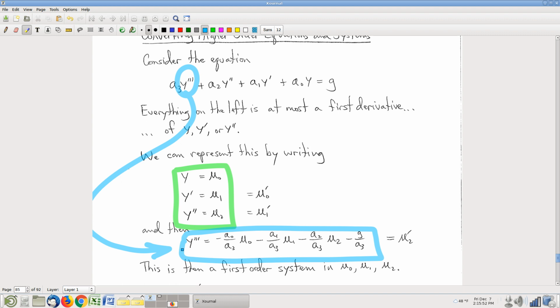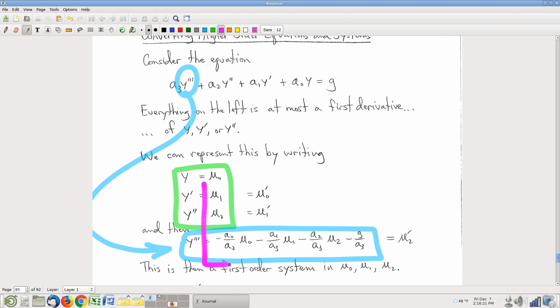Notice that when y shows up in the equation, I'm replacing y with u0. I'm replacing y prime with u1. Right? Y double prime with u2, etc. Okay, that is y triple prime. And then making the observation that y triple prime is u2 prime.